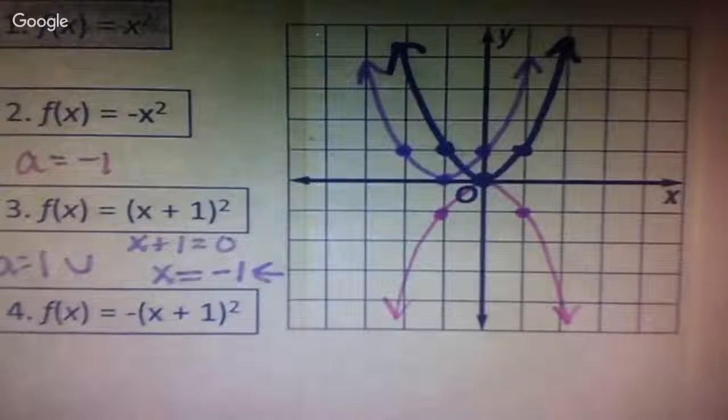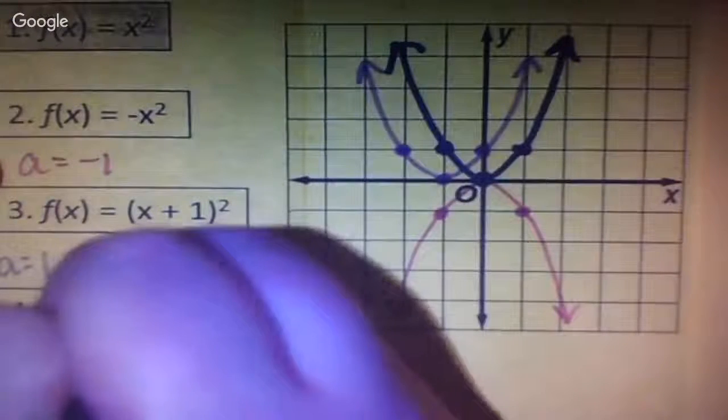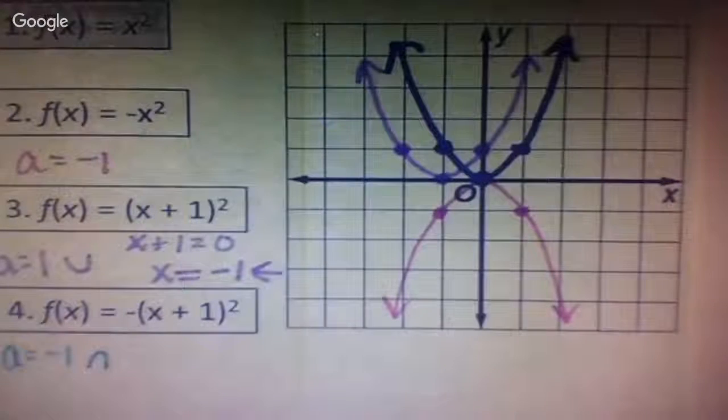Okay, take a look at this last one. Is there a negative out front? Yes. So that means my happy face turns into a sad face. So this tells me it goes down. A is -1, so it's a frown.